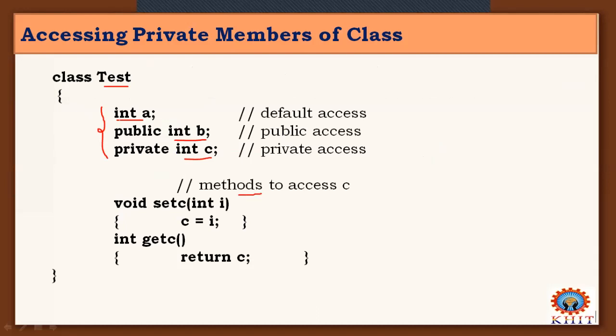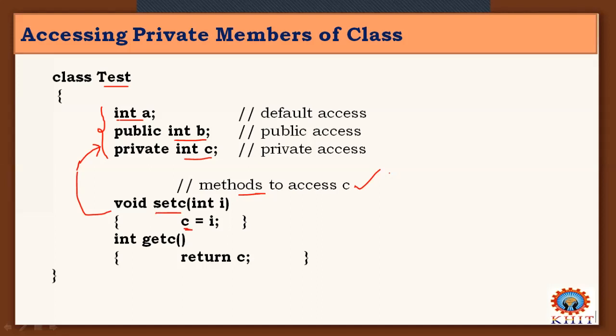And I have a method to access variable c, because c is a private variable, and you know that any member within the class can access the private data of the class. So here I have a member method setC, using which I am going to set the value of variable c.